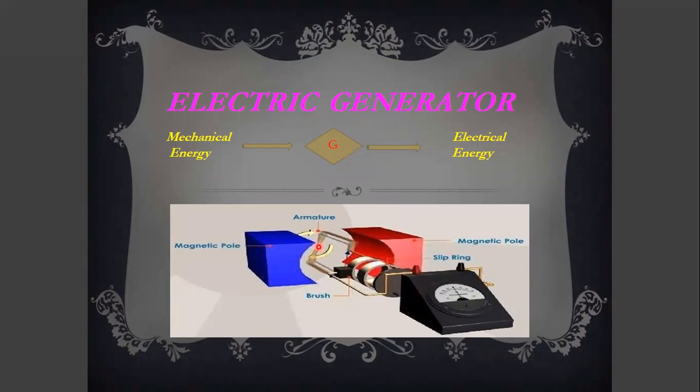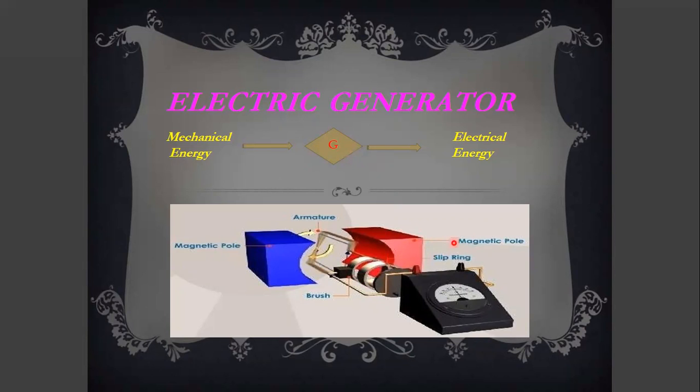Here the electric generator figure has been shown, children. This is the armature, and these are the magnetic poles, north and south. This is the brush, and this is the galvanometer, and the slip rings are also here.